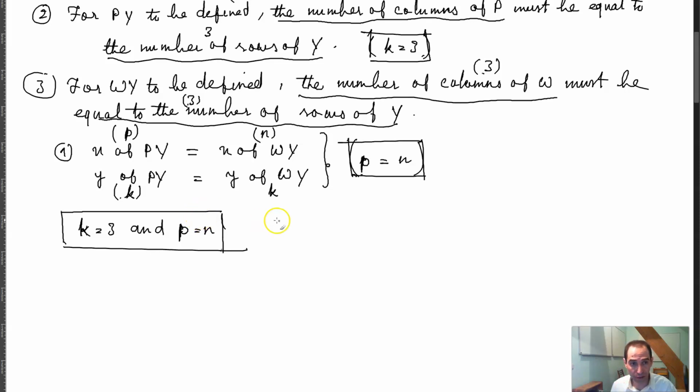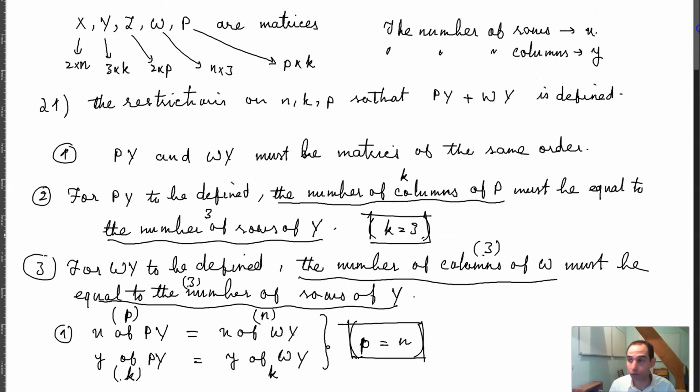That is choice A in this question. Question number 21, the answer is choice A. And that is actually the correct answer.